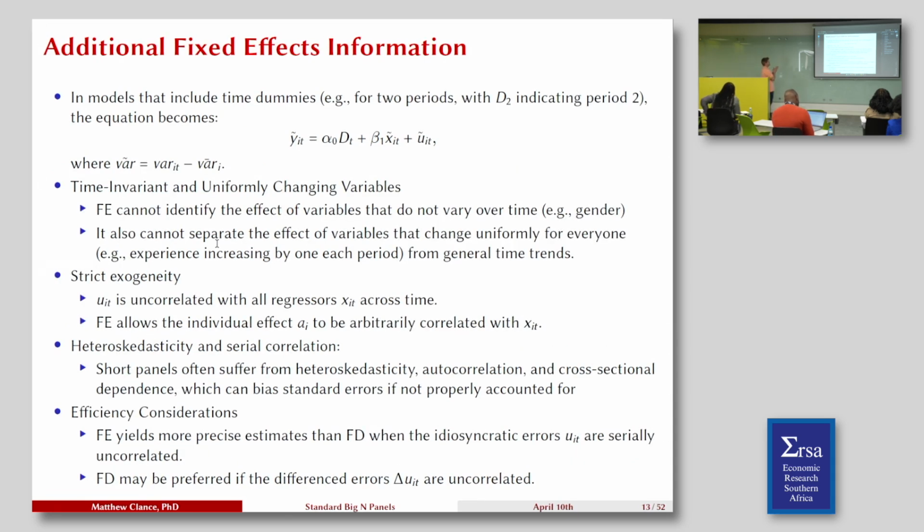So, additional on the fixed effects. A lot of times, what I haven't mentioned so far is that in these models, remember that additional thing that I put in terms of the constant?